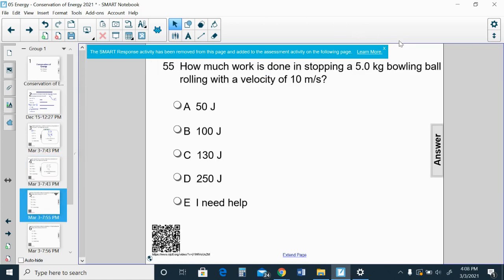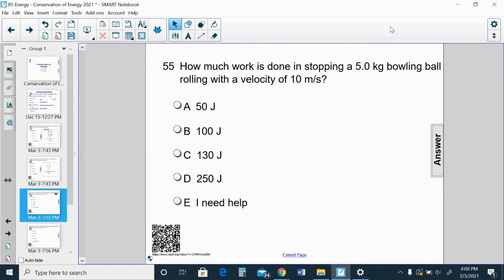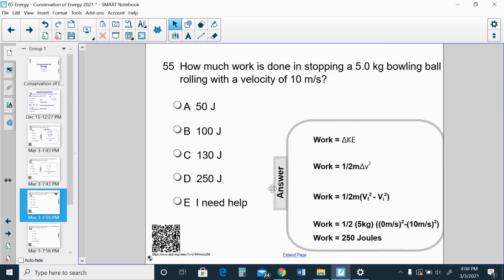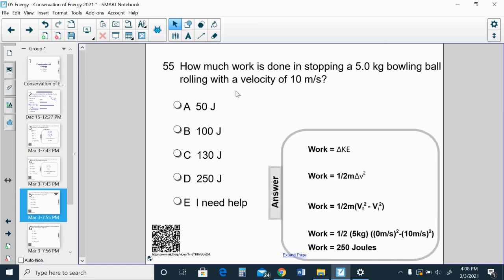How much work is done in stopping a 5-kilogram bowling ball rolling with a velocity of 10 meters per second? Okay, let's take a look here. So in this case, we need to figure out how much work is done.